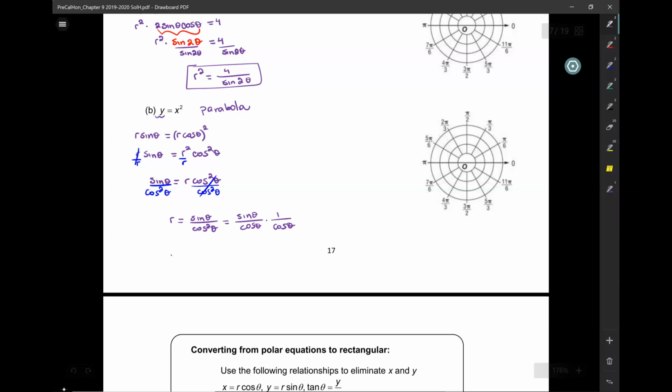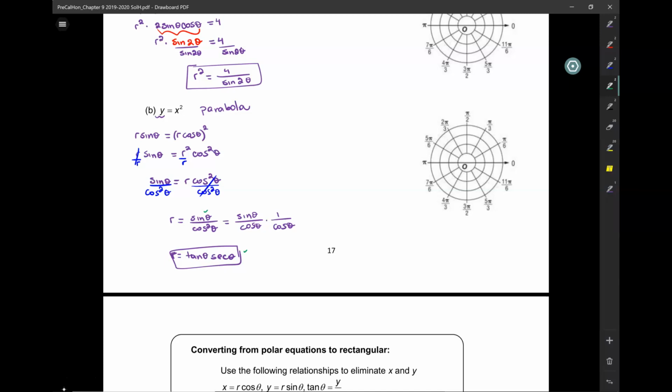So if you see it this way in the answers from the textbook, you know what they're doing. And then that reduces to tangent of theta, secant of theta, okay? So they just want to eliminate the fractions, that's all. But any of the forms is acceptable, like that one or that one, they're both acceptable.